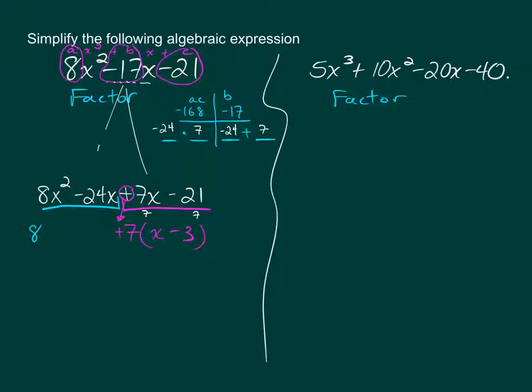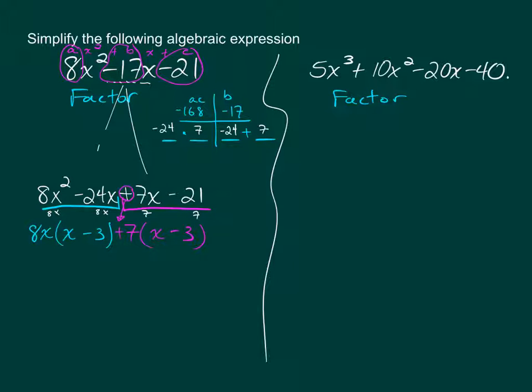And both of these terms have an x, so we can also common factor an x. So again, since the first term here is positive, our common factor is positive, 8x, and then we just come up here and divide. And what goes in this set of parentheses will end up being x minus 3.